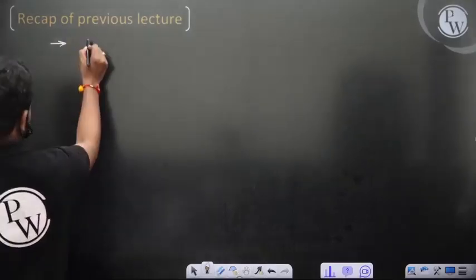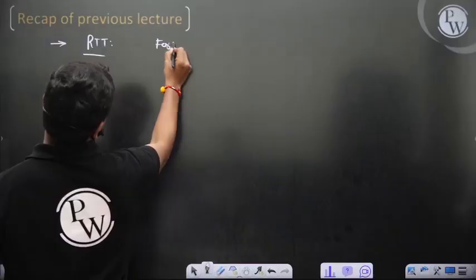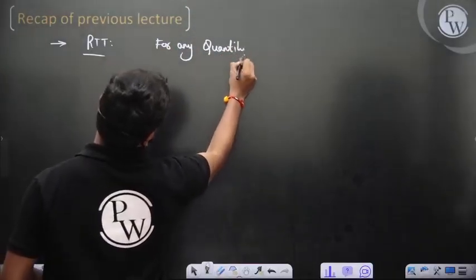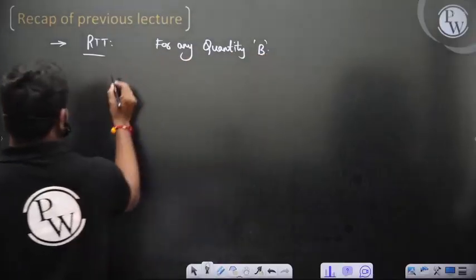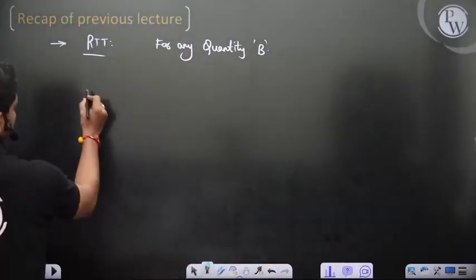So we have seen RTT of course. So for any quantity B, so the RTT Reynolds transport theorem, of course मैंने डेरिवेशन नहीं किया था लेकिन थोड़ा सा एक्सप्लेनेशन दिया इसके बारे में.